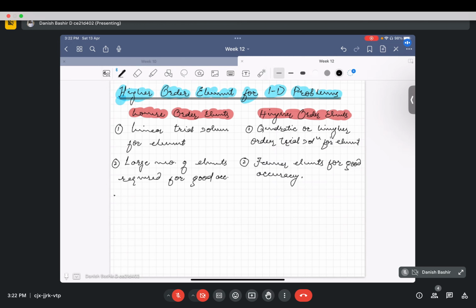Another one here is that for the lower order element, element formulation is easy. Here, element formulation is a bit complicated.